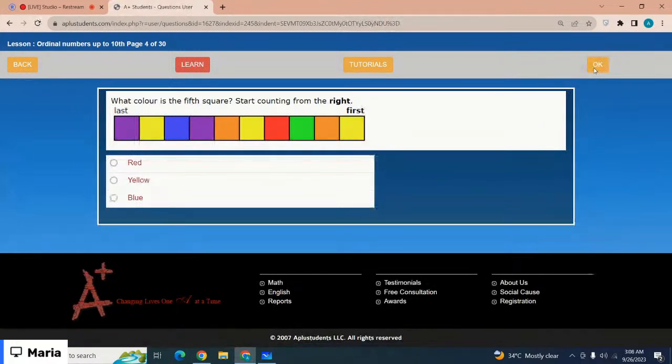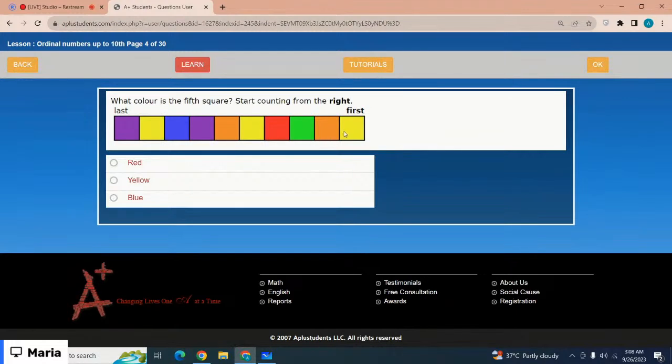What color is the fifth square? Which is the correct option? Start from the right. Just look at the right where you have written the first. You have to start counting from here. Which one is at the fifth? Basically, you have to see the position of the squares.